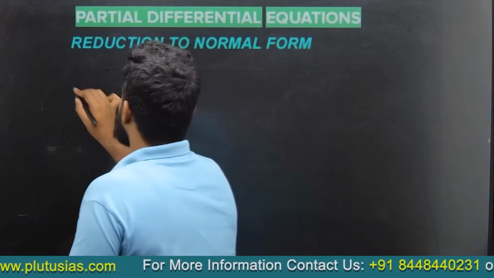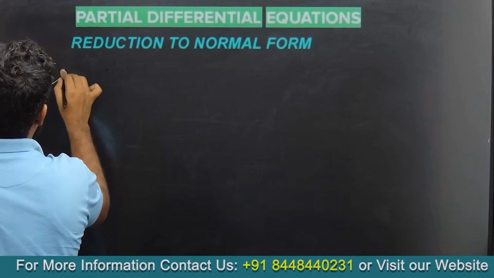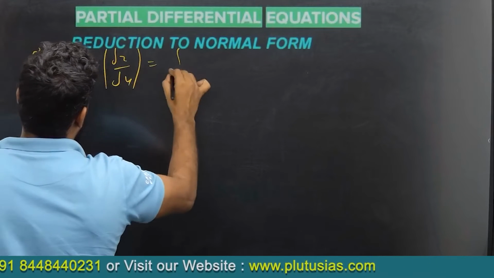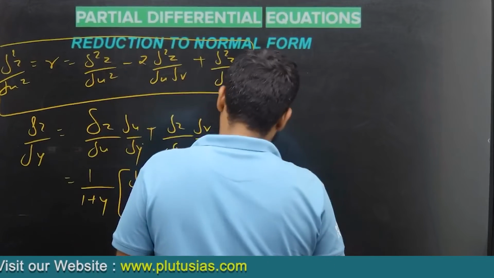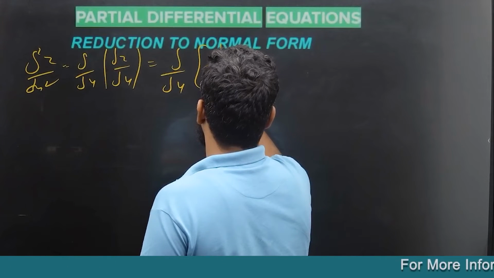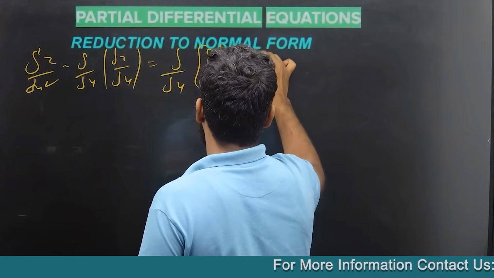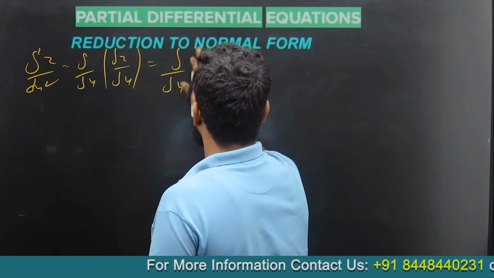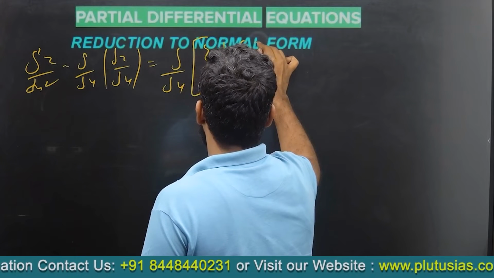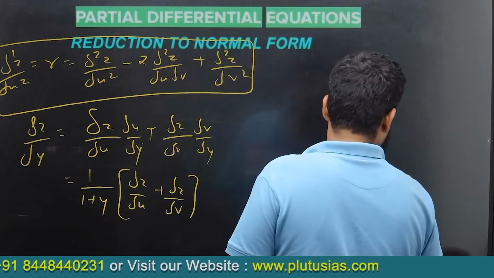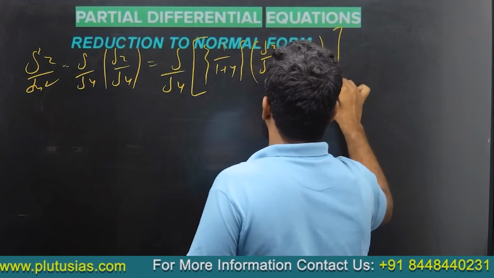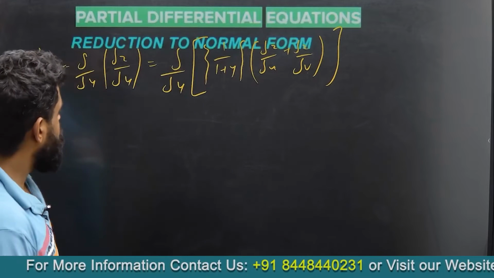See, we now have to calculate ∂²z/∂y². This is equal to ∂/∂y of ∂z/∂y, which is ∂/∂y of (1 + y) times (∂z/∂u + ∂z/∂v).